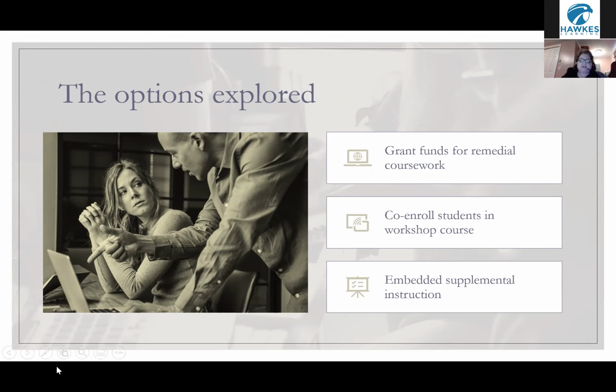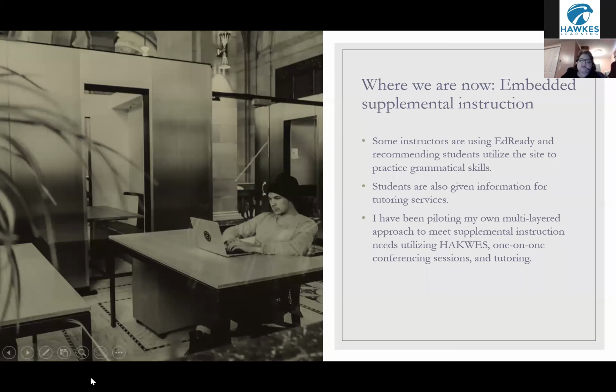And then the third option was embedded supplemental instruction, where all students who would have placed into the Foundations of College Writing 1 or College Writing 2 course were automatically enrolled into Comp 101, and the teacher was responsible for figuring out how to remediate those students while simultaneously delivering English 101 content. So that's where we're at now at Big Sandy: every Comp 1 class has embedded supplemental instruction.